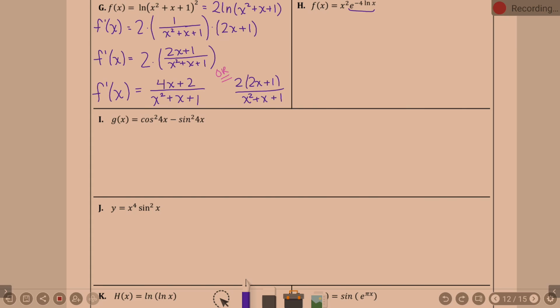E to the negative 4 ln x. Where can that negative 4 go? It's in front of the log. Where can I put that?